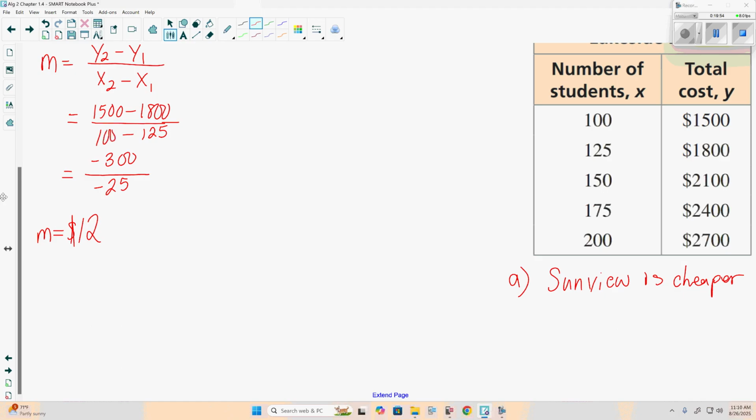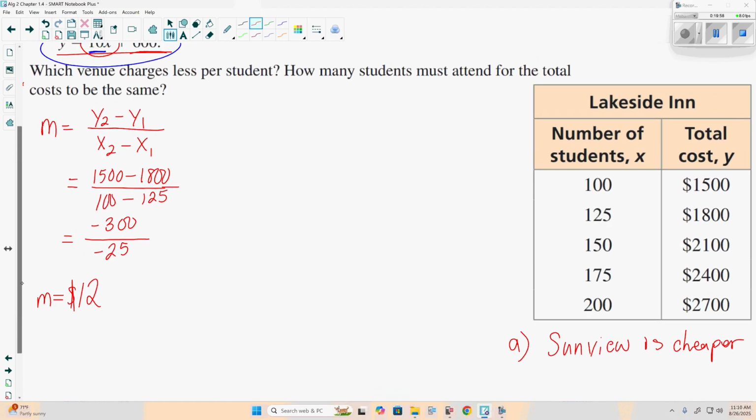Now, it will be helpful to find the equation of the line for Lakeside. Now, do we know what the y-intercept is? Unfortunately, no, because they only gave us from 100 to 200, increasing by 25. So we don't know what the y-intercept is. So we have to use point-slope form. Now we know the slope is 12.